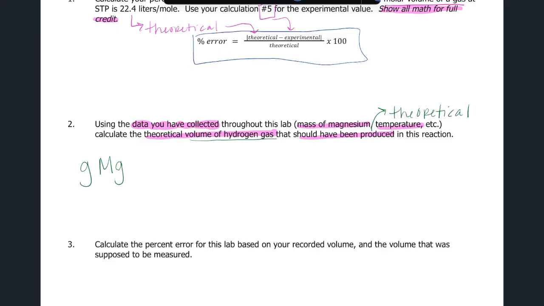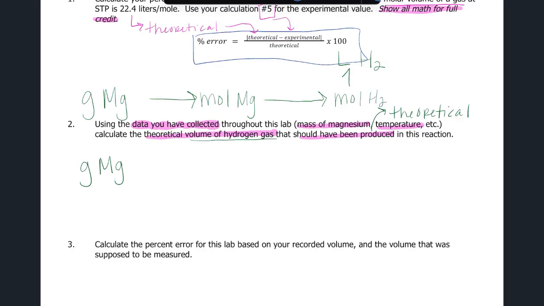So if you think about our mole island, you're starting with grams, and we want to get to a volume of hydrogen. And so in order to do that, we need to convert to moles of magnesium, and then to moles of hydrogen.